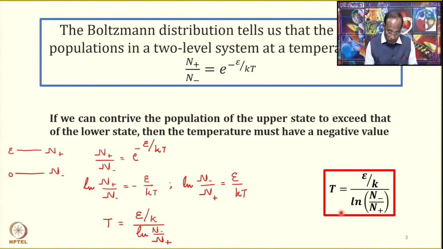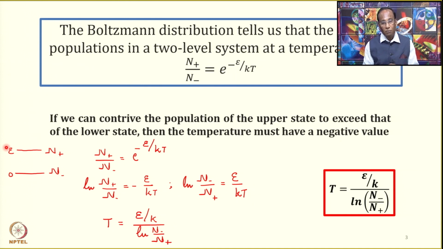So according to this, if we can devise a method in which the population of the upper state can exceed that of the lower state, then the temperature must be negative. That means if we consider this two-level system, then in such a case negative temperature is possible.